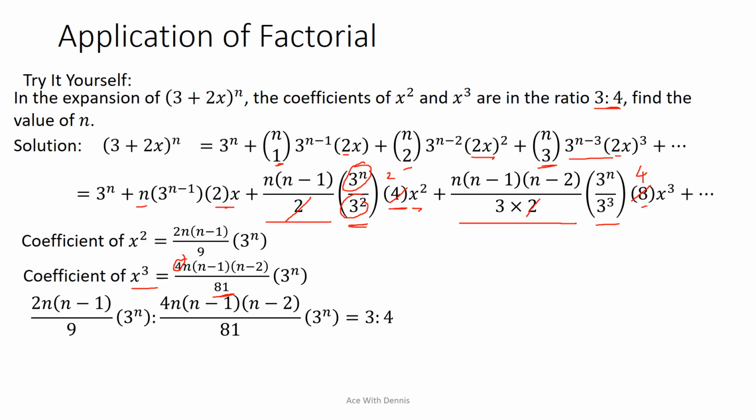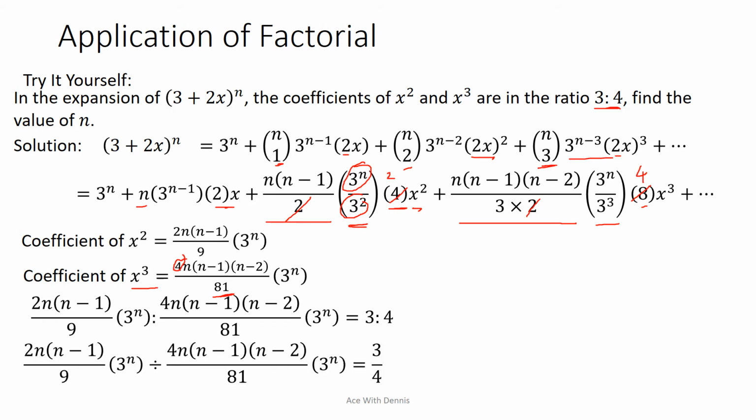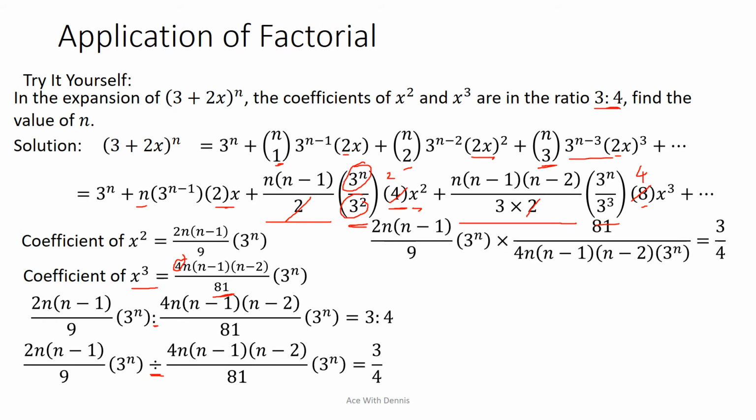Remember the concept of ratio: the ratio symbol can change to division, so 3 to 4 becomes 3 over 4. Mathematically, the division we can change to multiplication, and take the reciprocal of this fraction. So it becomes 2n times (n minus 1) over 9 times 3^n, times 81 over 4n times (n minus 1) times (n minus 2) times 3^n, equals 3 over 4.